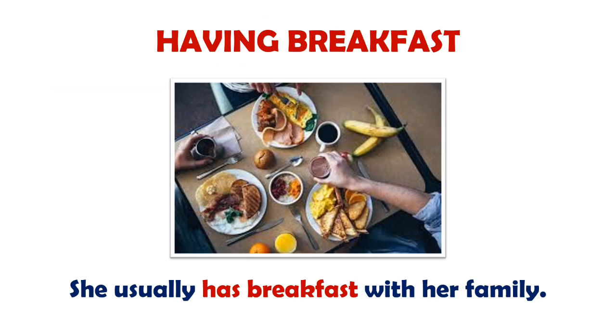Having breakfast. She usually has breakfast with her family. Now we have the third scenario that happens after she wakes up, then she brushes her teeth and takes a shower. Now she's having breakfast, which is another daily activity where we use to have breakfast.